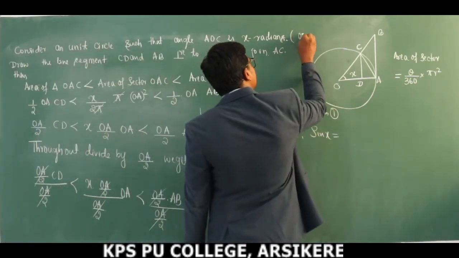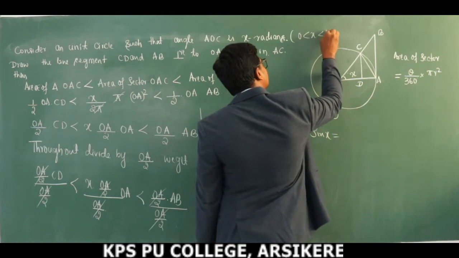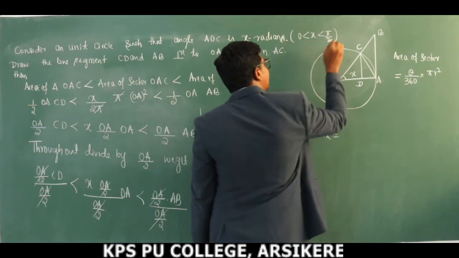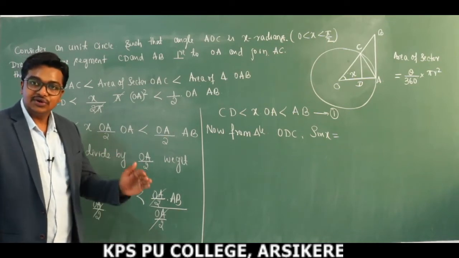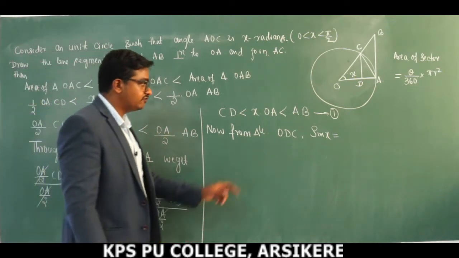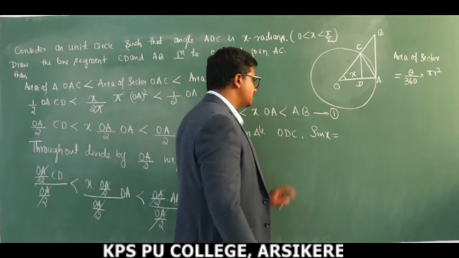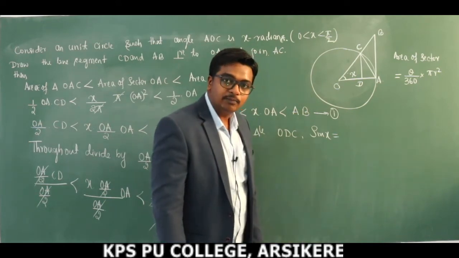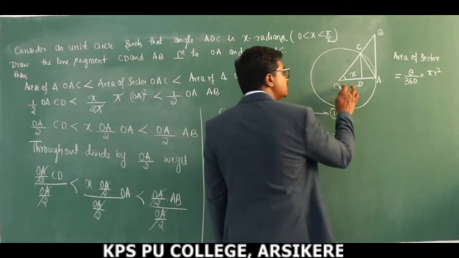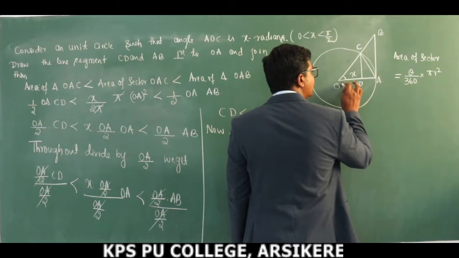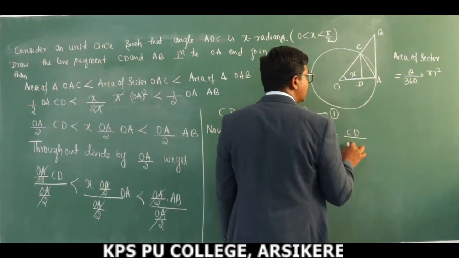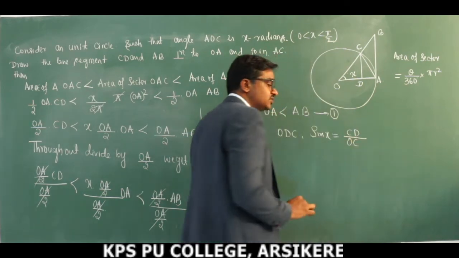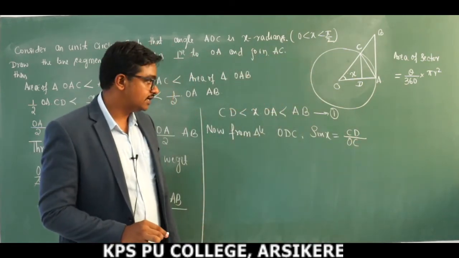This angle is 0 less than x less than pi by 2. It means the angle lies in which quadrant? First quadrant. Therefore sin x is equal to opposite divided by hypotenuse. What is opposite here? Opposite is CD, divided by hypotenuse OC. CD divided by OC.